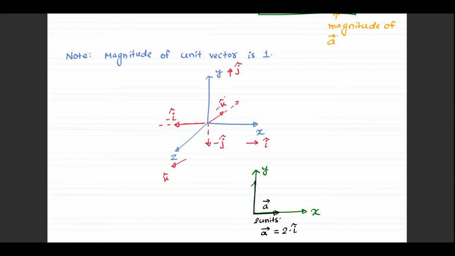Correct? If I have a vector of 4 units here, say B vector, that B vector then can be written as 4 into unit vector along the direction, that is j cap. अगर वो रिवर्स साइड में होता तो minus j cap होता. That's the difference. Correct?